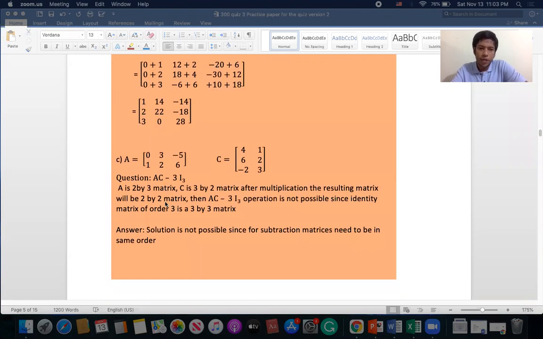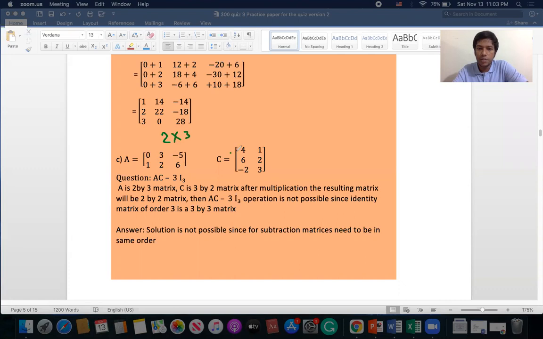In the C calculation, AC minus 3I3, if you look at the given information, you will notice that after the multiplication, this subtraction is not possible. AC we can multiply. We can say that this 0, 4, 3, 6, and minus 5, minus 2. This multiplication is possible. There are 2 rows and 3 columns, so this is a 2 by 3 matrix.